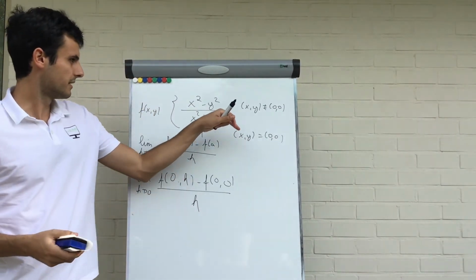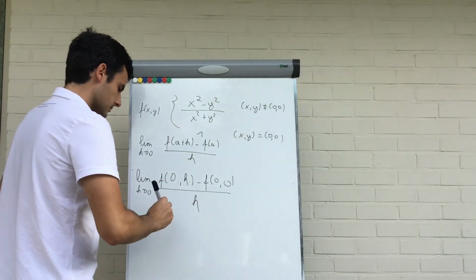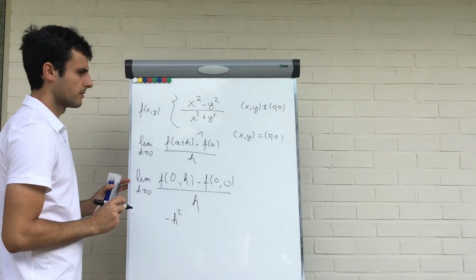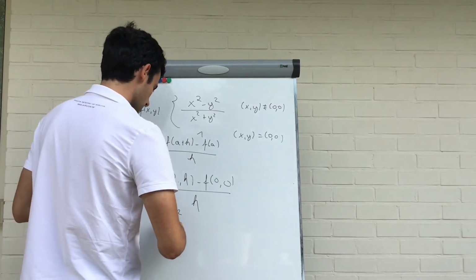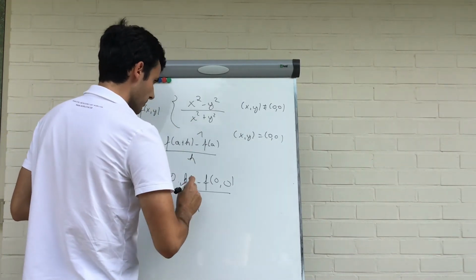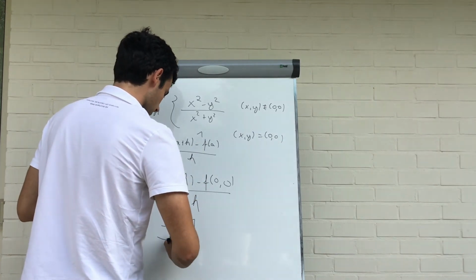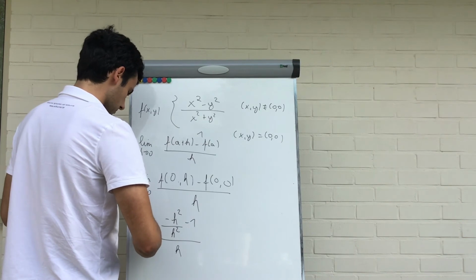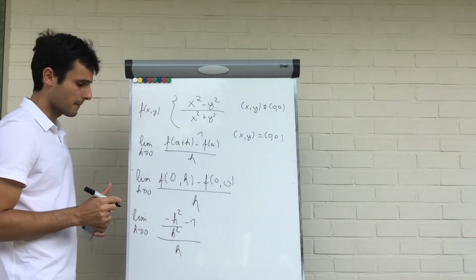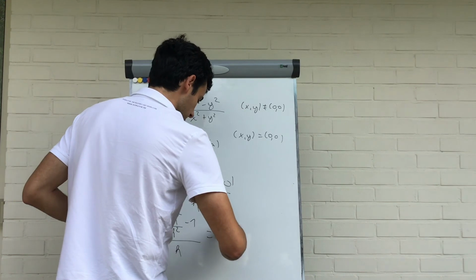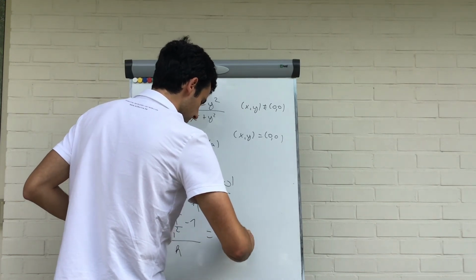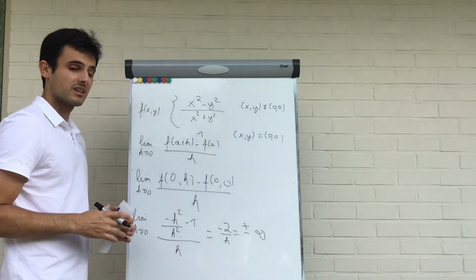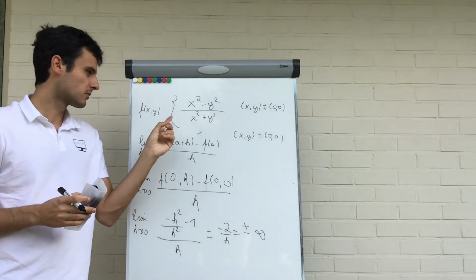So we get now minus h to the power of 2 divided by h to the power of 2, minus 1, divided by h, in the limit of h going to 0. Now we get minus 1, minus 1 is minus 2 divided by h, so we get plus or minus infinity. So the second partial derivative in 0, 0 does not exist.